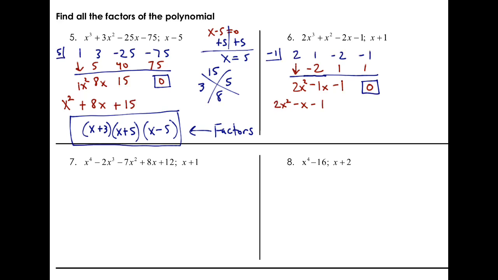Negative 1 times 2 is a negative 2. And a negative 1 at the bottom. So we have a 2, negative 2, and a positive 1. If you multiply negative 2 times 1, that gives you negative 2. And if you take a negative 2 plus 1, it gives you negative 1.